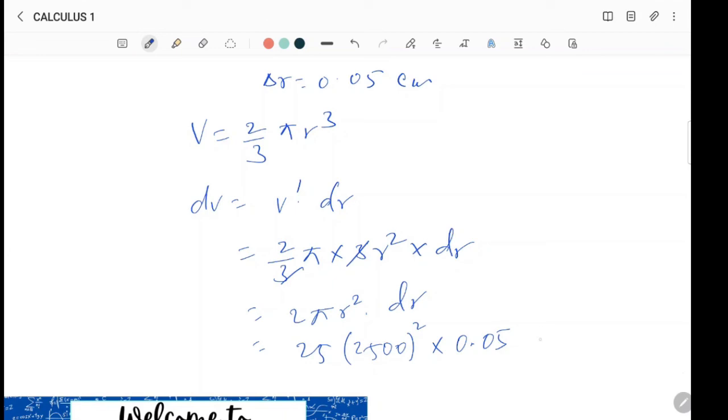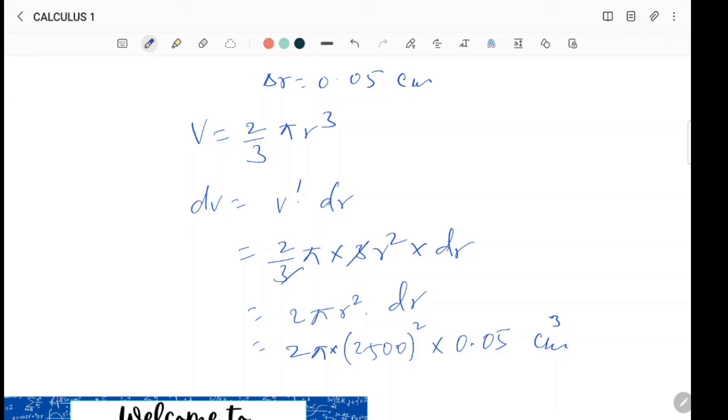It will be in centimeter cube. So 2 pi times 2500 square times 0.05.